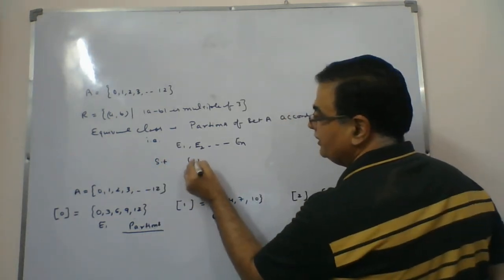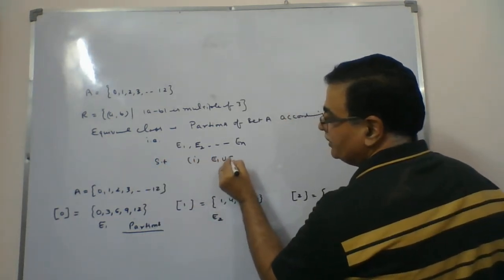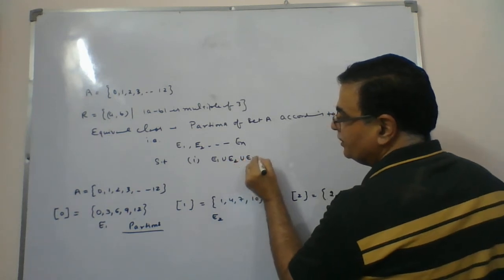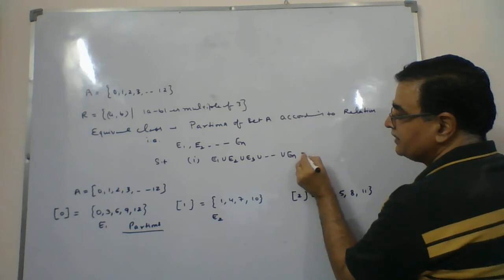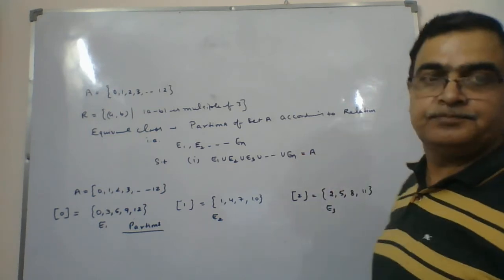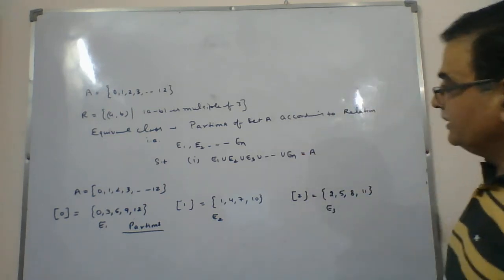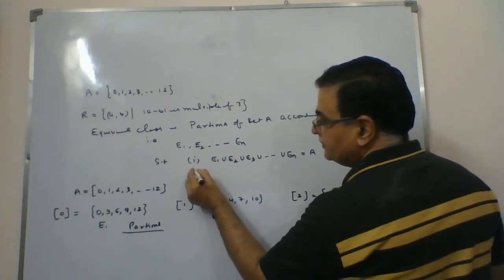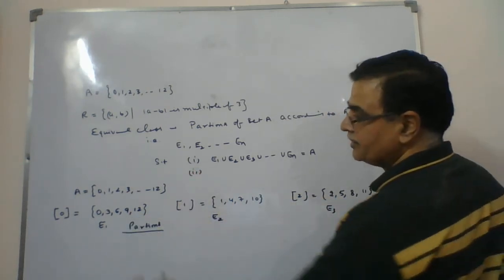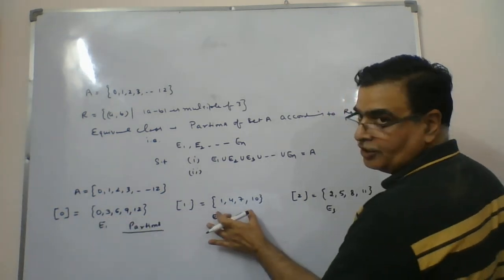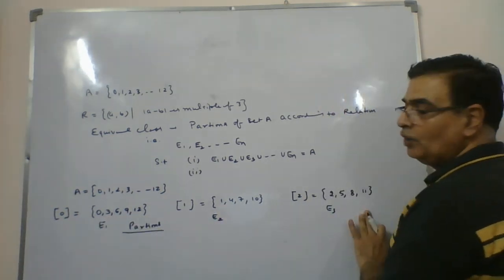First condition is E1 union E2 union E3 union till En, whatever the number of partitions, their union comes out to be the set A. The second condition is that this partition and this partition have nothing in common. Whatever element is here is not here.